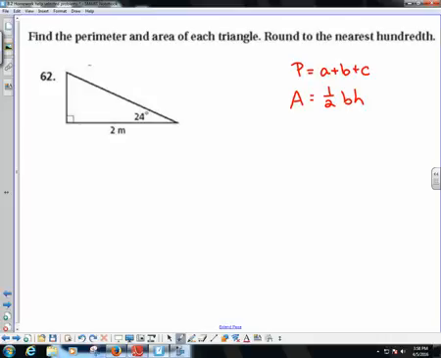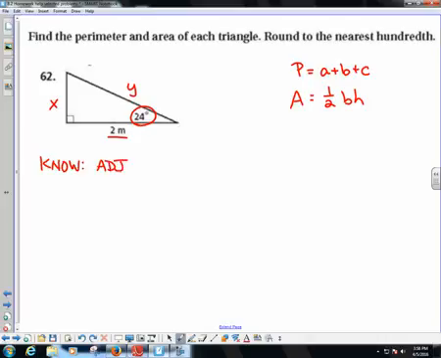All right, so what do I know and what do I need to know? Well, I am missing two sides. So I need to find this right here and I need to find this right here. Now, one of the things that I know is I have a right triangle, so I can use all these trigonometric ratios to work in my favor. So if I'm thinking about this, the thing that I know, 2 meters, that's an adjacent side, right?